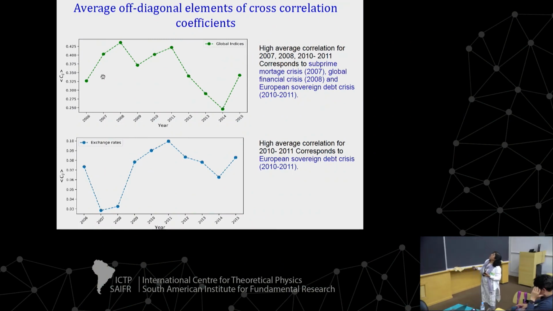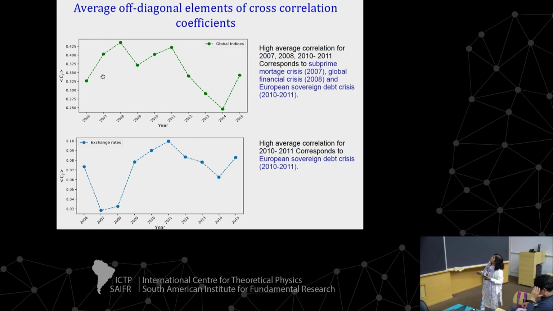And here's the average off-diagonal element of the correlation matrix. And you can see that 2007, 2008, 2010, and 2011 are high average correlations for the global indices. And they do correspond to the mortgage crisis, the global financial crisis in 2008, and the European sovereign debt crisis.